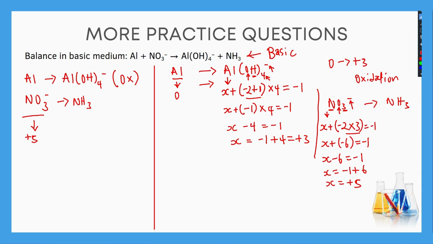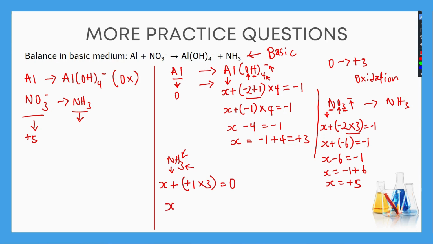Let's find out the oxidation number of nitrogen in this compound. We have NH₃. The oxidation number of nitrogen here is unknown, so we'll call it X, plus hydrogen, which has the oxidation number of +1 in compounds, times the number of atoms we have, which in this case is 3. This is equal to the entire charge, which is 0.